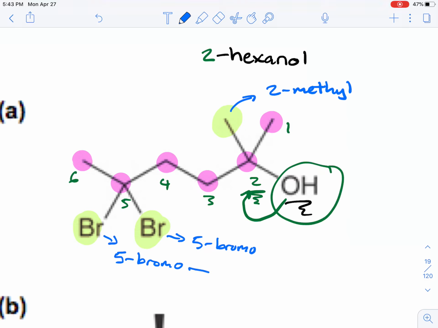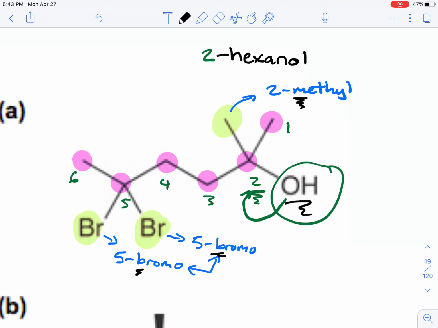When we name these, we're going to combine them together. We have 2 different substituents, methyl and bromo. Whenever you have 2 or more different substituents, you organize them in alphabetical order.